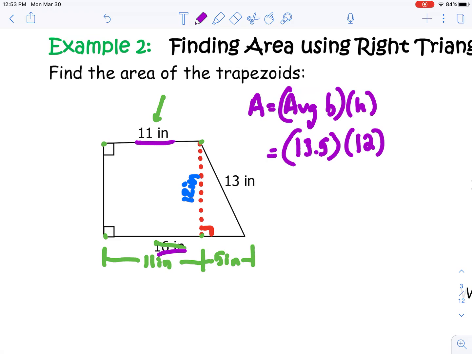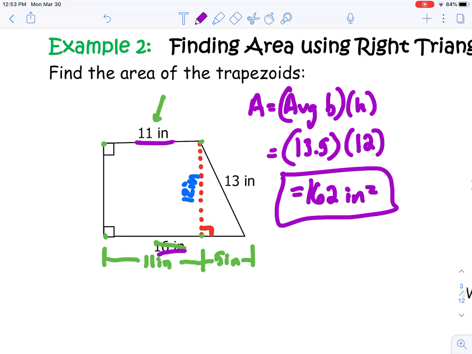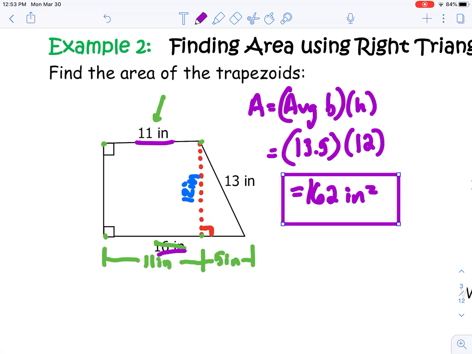Multiply those together. Oh boy, we'll get 162 inches squared, I believe. Somebody can check me if you would like. But we multiply those together and there's our area, just like that.